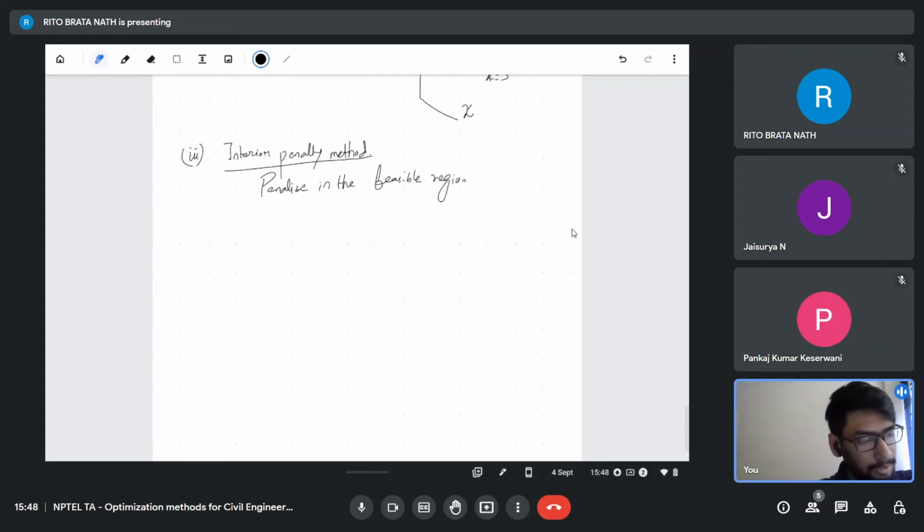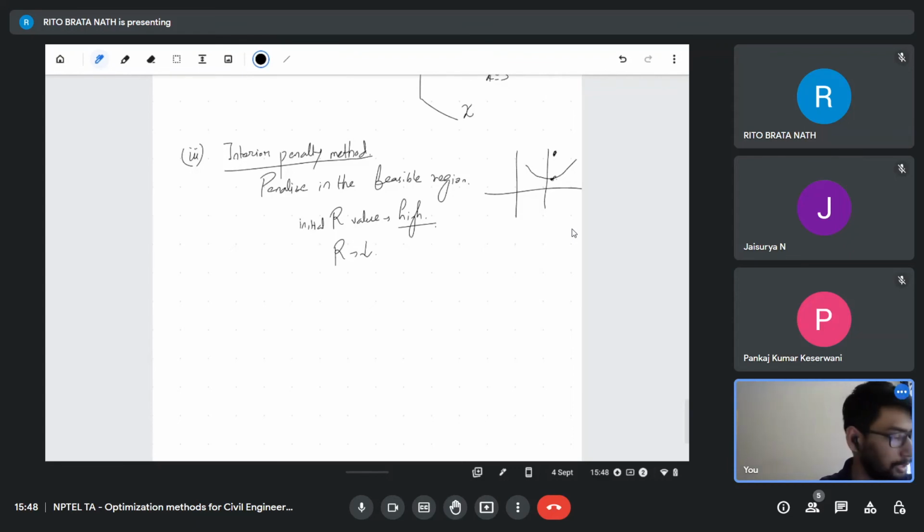Suppose the function is like this, you start with probably this point, then you probably have to go here or something. So the initial R is high, and then you solve the unconstrained optimization problems, you get an improved value of x and y. You again decrease your value of R, so R is decreasing across iterations here. So that's the main idea of these penalty function methods.